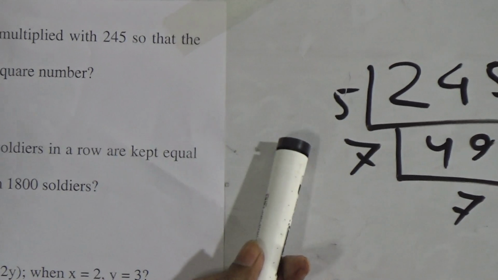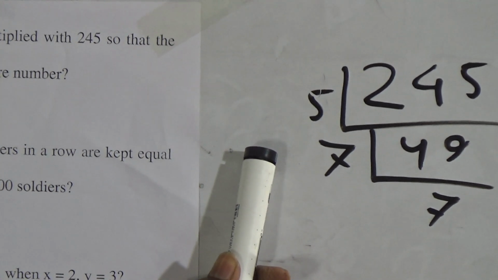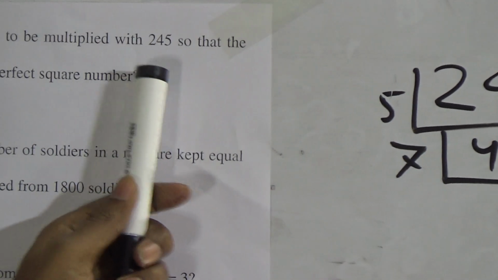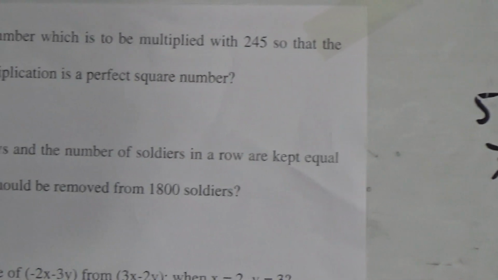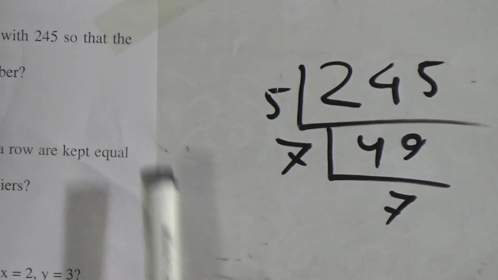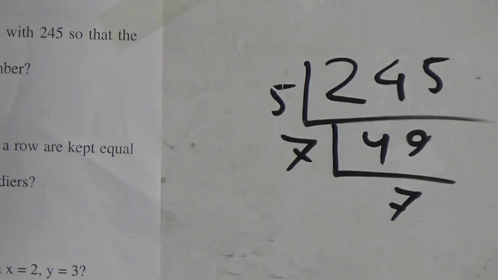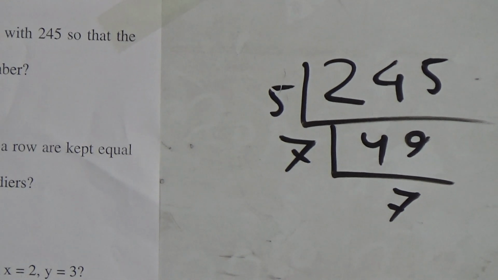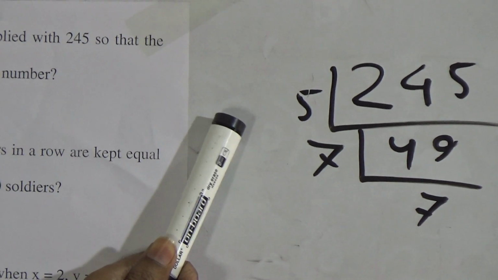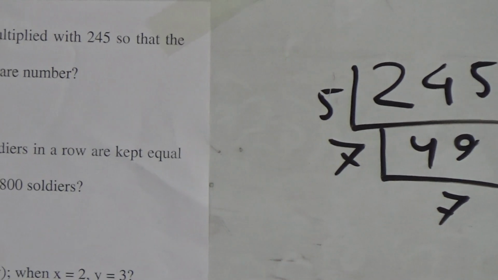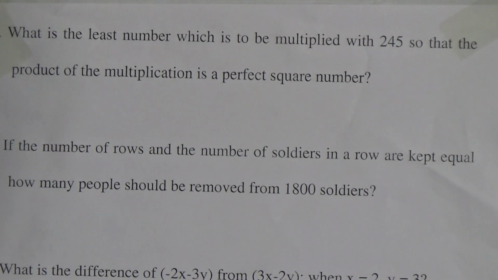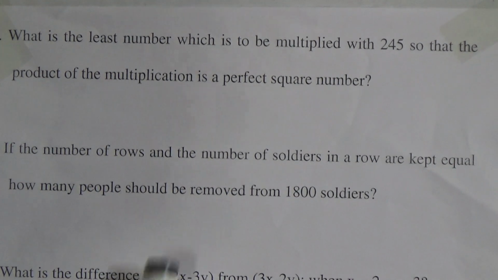So 5 is the least number which is to be multiplied with 245. We have to multiply 245 with 5 so that the product is a perfect square number. That means the least number will be 5, okay.